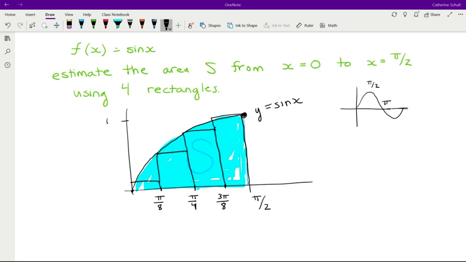Okay, so for now, it doesn't matter what type of rectangles we're going to use because they don't give us any instructions. But there are some particular types of rectangles. There are some type of rectangles that use the right endpoint to determine the height. And then there are some rectangles that use the left endpoint to determine the height.